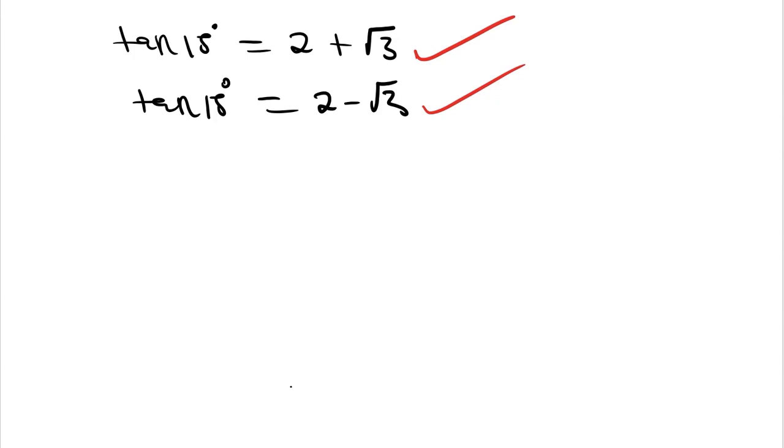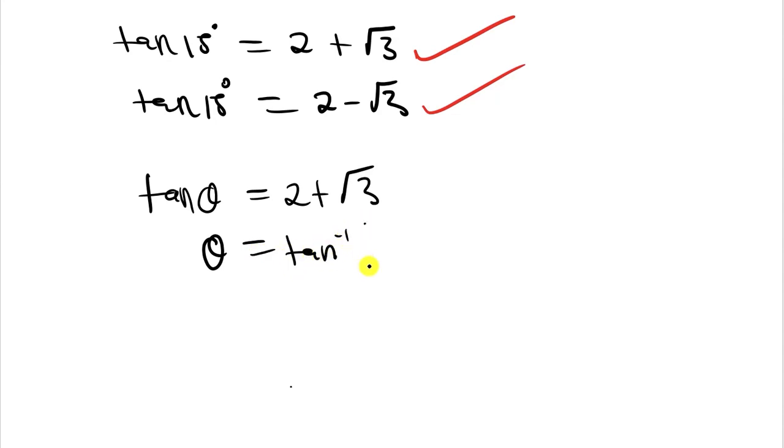Let's verify that. Let's represent the 15 degrees by theta. Say tan theta is equal to 2 plus root 3. We want to find out whether theta gives us 15 degrees. Solving for theta, theta is equal to tan inverse of 2 plus root 3, and on the calculator this gives us 75 degrees.